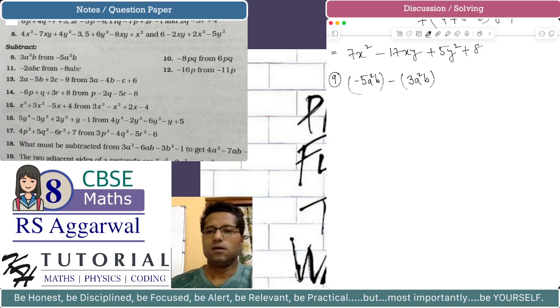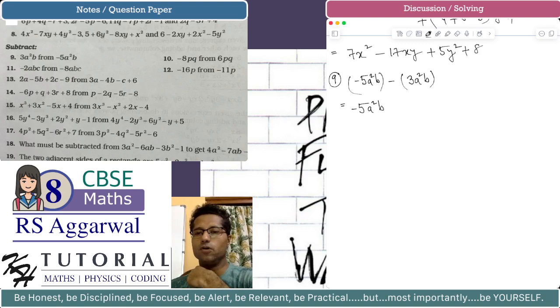So now the first bracket, we have to open the brackets. The first bracket will open as it is, because before the brackets there is no negative sign, it is positive. So it opens as minus 5a square b.